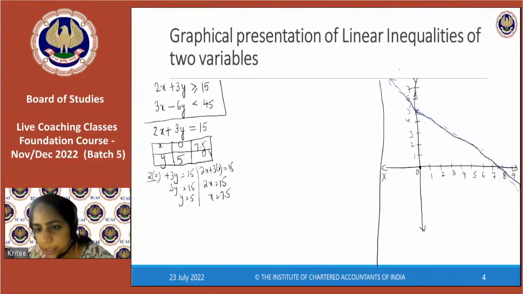But this line means equal, 2x plus 3y equals 15. My condition is greater than or equal to 15, that is, I am not only lying on this line. My condition is on this line along with the higher values.